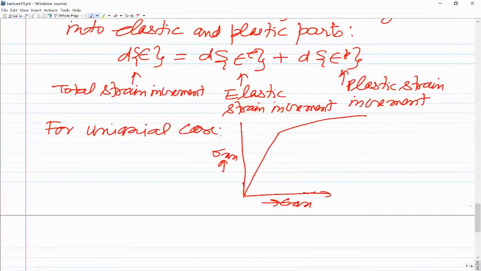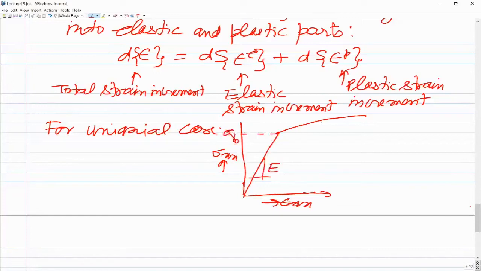The slope is E, and this is the initial yield stress, sigma Y naught, where capital Y is for yield and naught is for initial, and the slope of the curve is Young's modulus E.